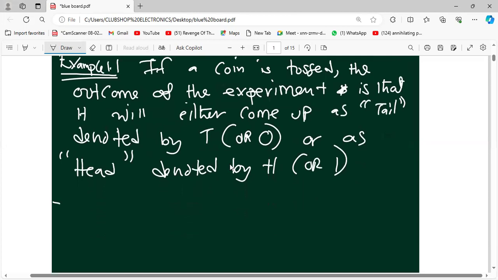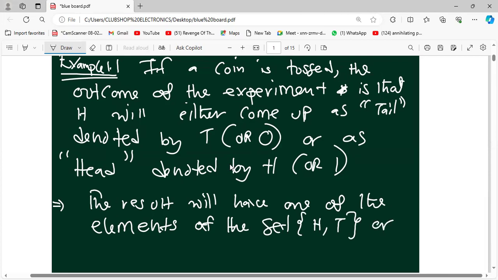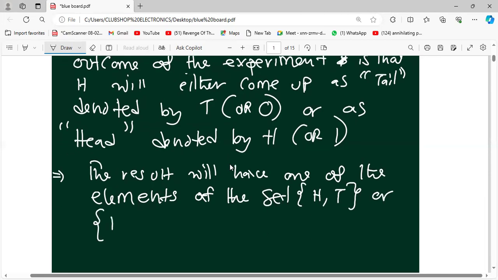This also implies that the result will have any of the following, one of the elements of the set H, T, or because we said H is 1 and T is 0, the set 1, 0.